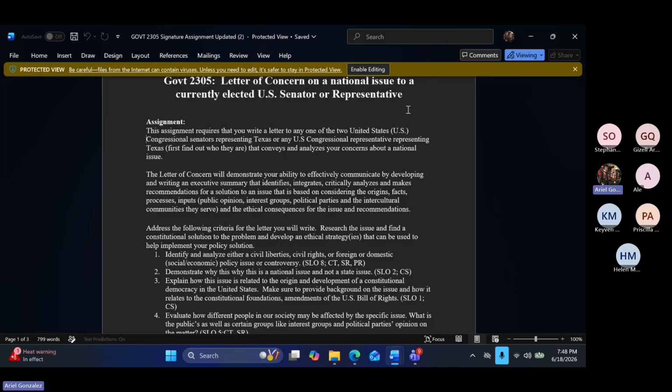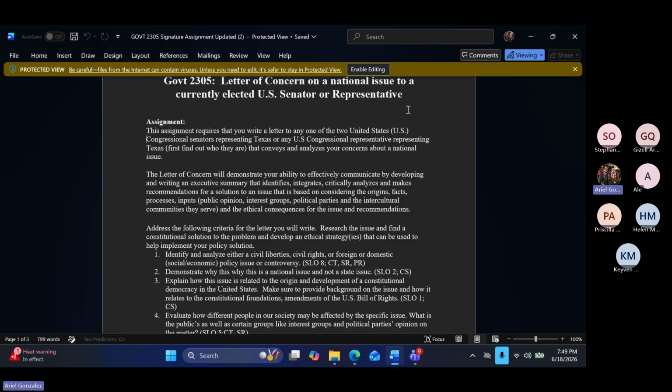What I mean is, who is the House member that you are a constituent of? A constituent is someone that is a voting member of that district. I would recommend it be your own local House member, but you do not have to do that.